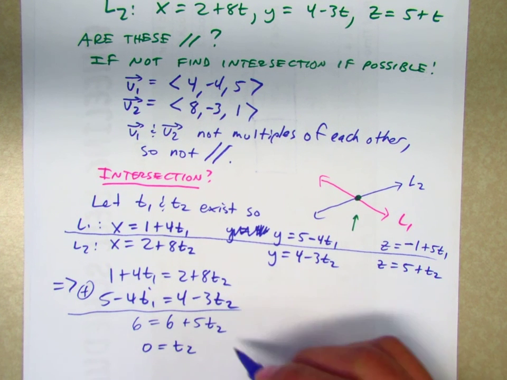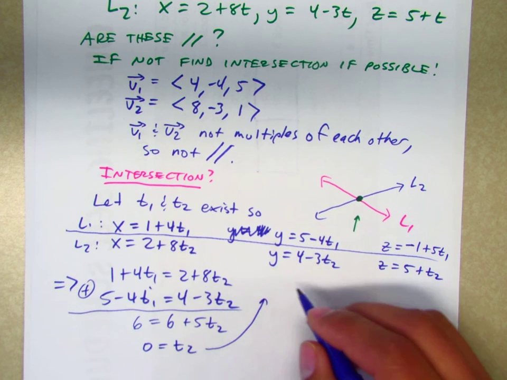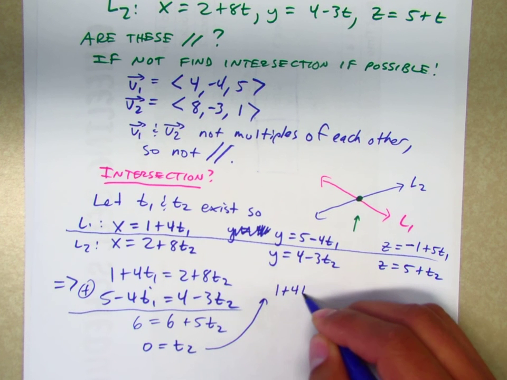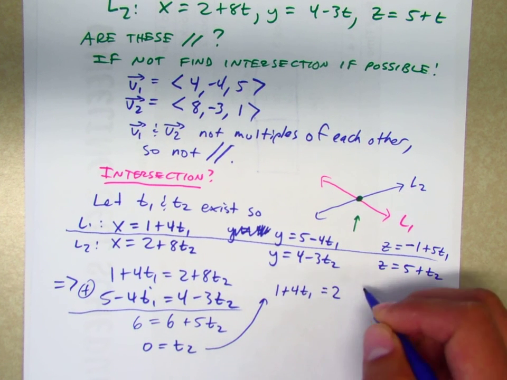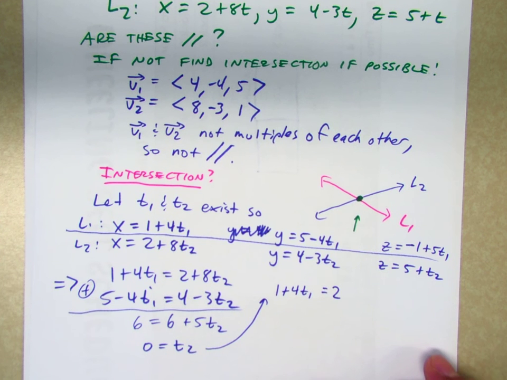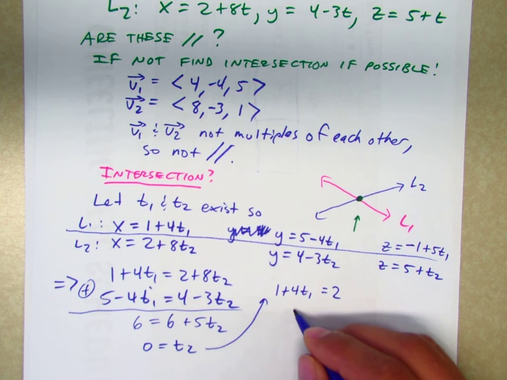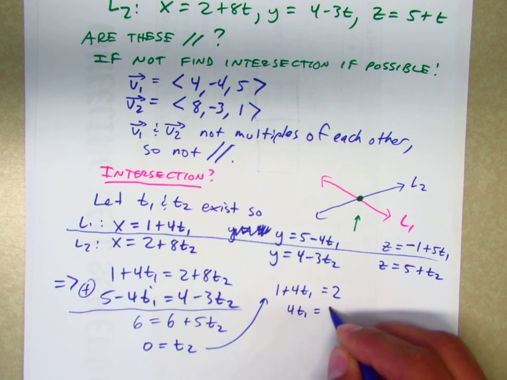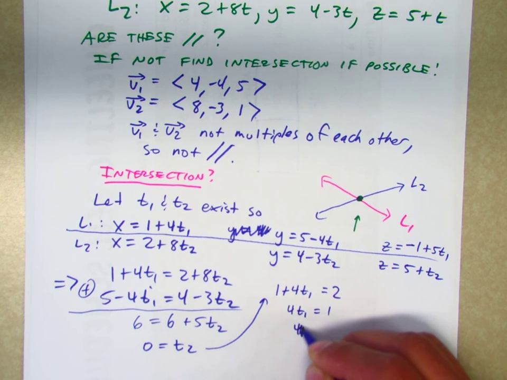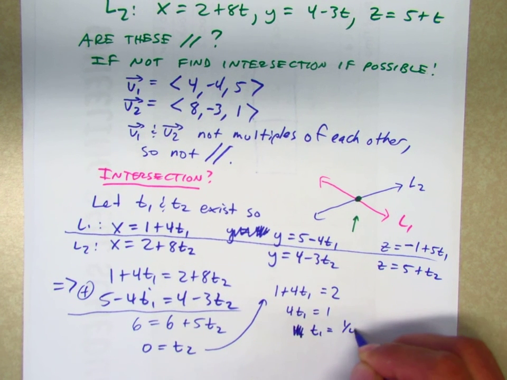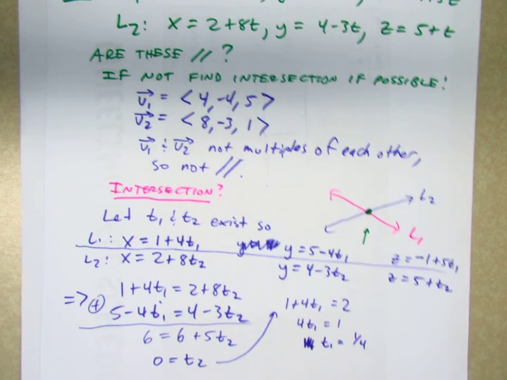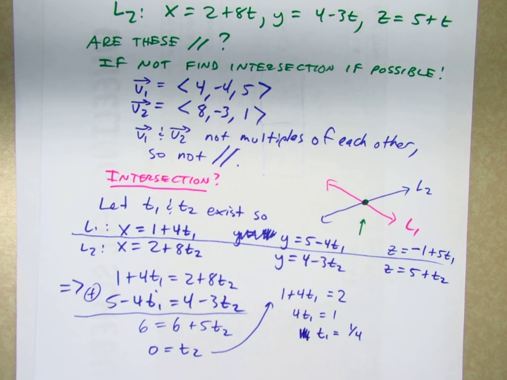If T2 is 0, let's go back up here. 1 plus 4T1 would have to equal 2 plus 8 times 0, so just 2. And so 4T1 is going to equal 1, and I'm getting T1 is equal to 1/4. Does that make sense so far?